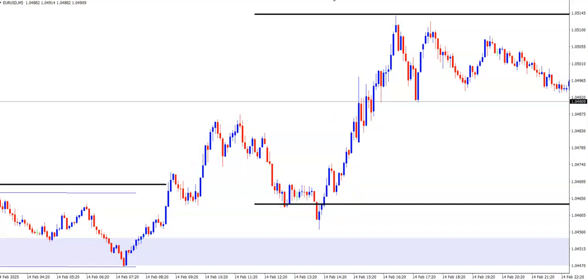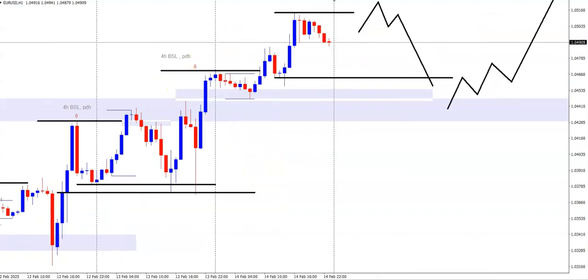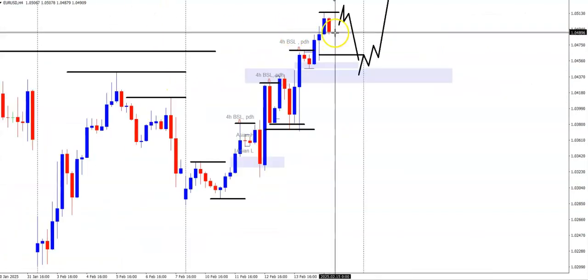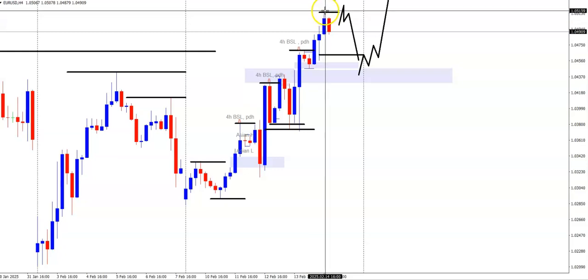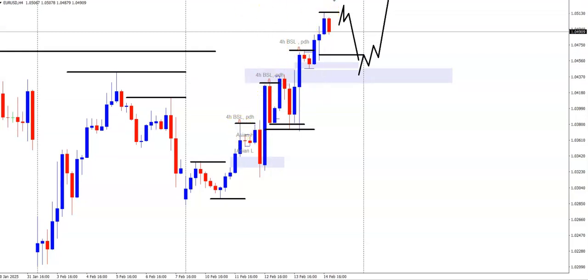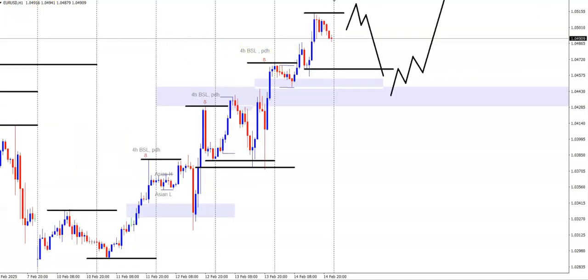So what you can do in the next week, based on the current market picture, of course, based on the current structure, this is the 4 hourly time frame. As you can see, on the 4 hourly time frame, we had this previous day's highs here, the same thing as we had here and here. Buy side liquidity is created. So what you can do on Monday, if you get a setup, of course, you can look for the same thing. You can wait for, let's say, the Asian session range here.